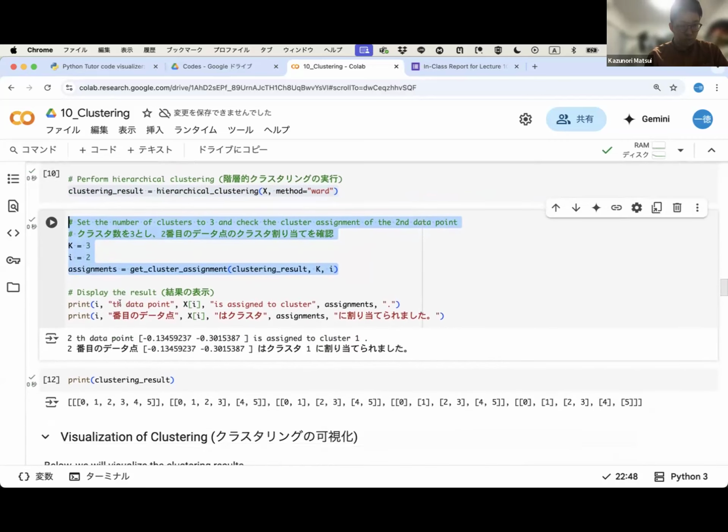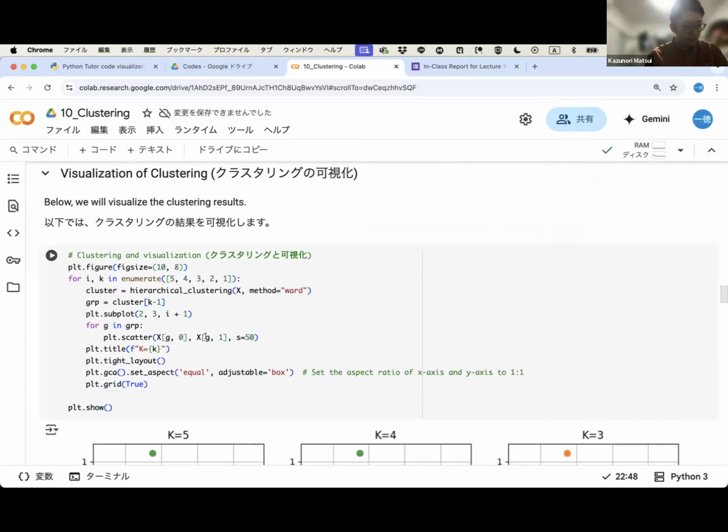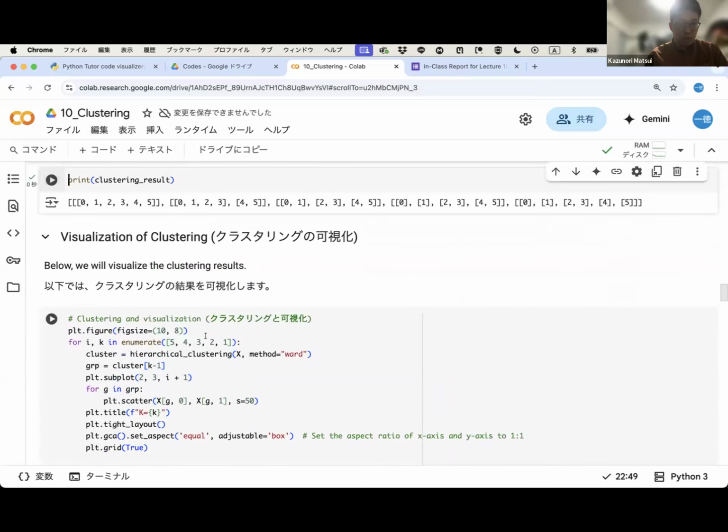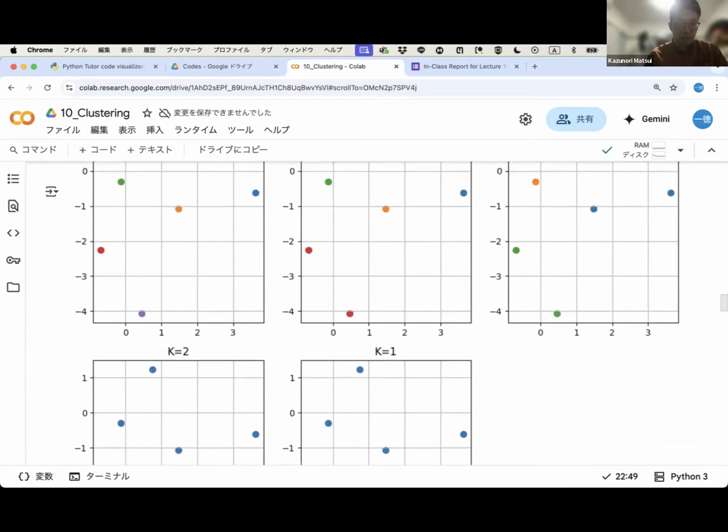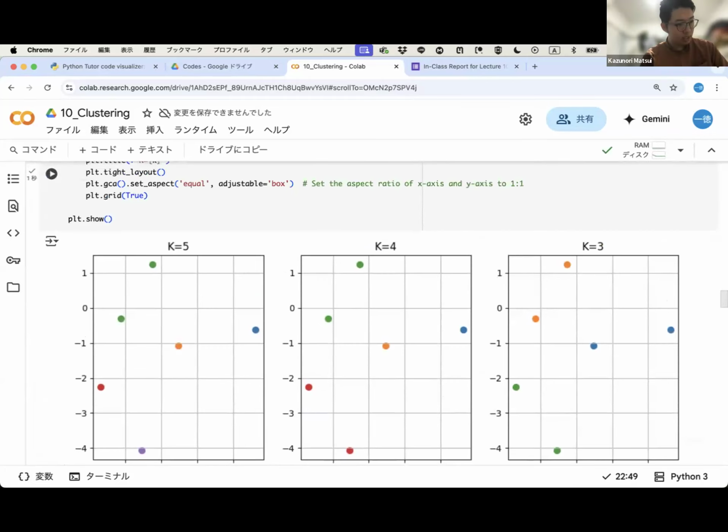Then we can confirm which cluster it was assigned to, that it was assigned to cluster 1. When we visualize clustering, we can see that it looks like this.